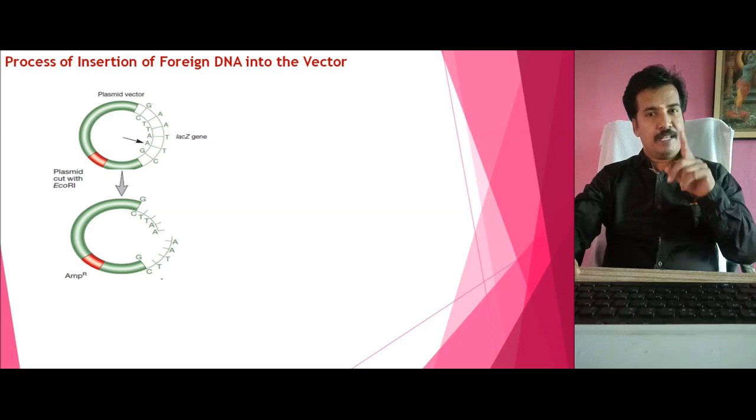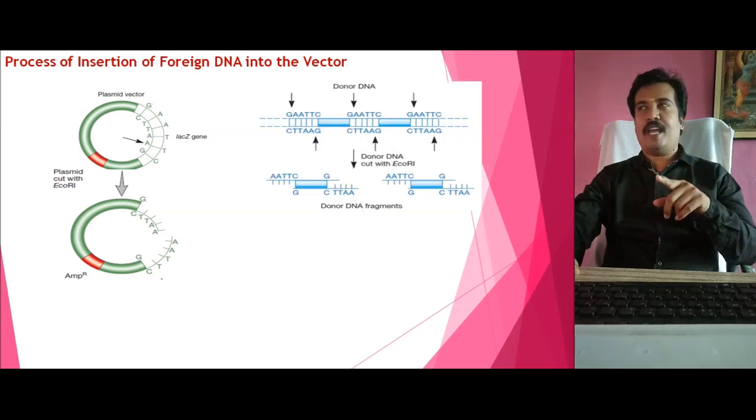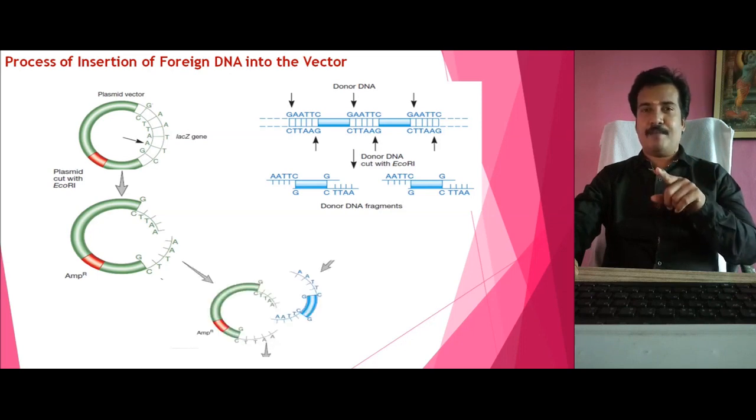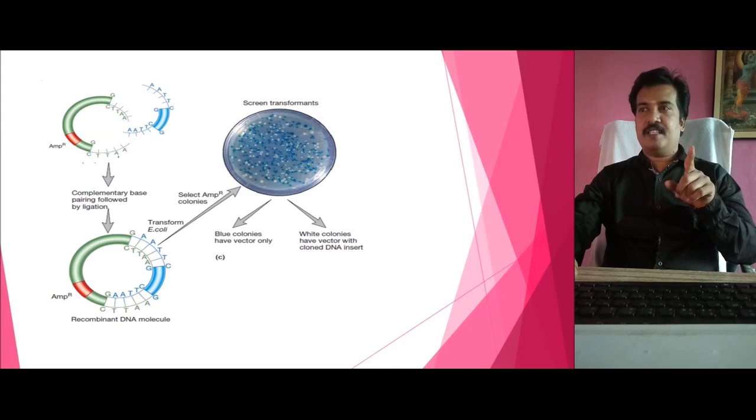With the same restriction enzyme EcoRI, I am restricting a genomic DNA. So it also cuts the same sequence, that is GAATTC, very precisely, and it produces fragments of the donor DNA. Then I will mix it together. By mixing this, the foreign DNA gets inserted, attached with the ampicillin resistance gene along with the larger segment of the vector.